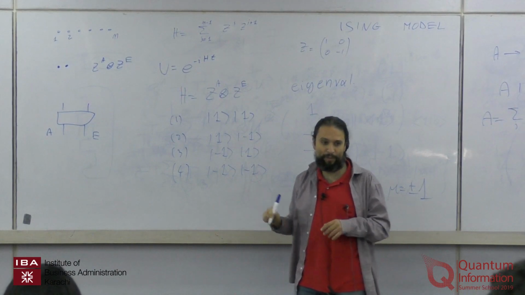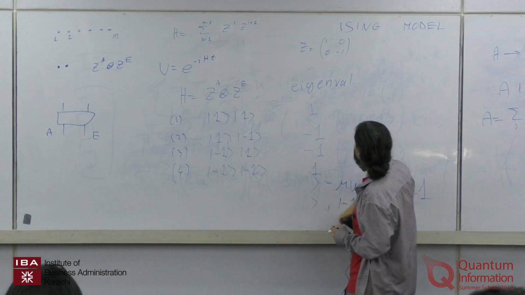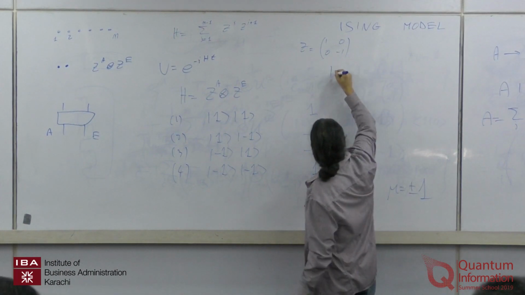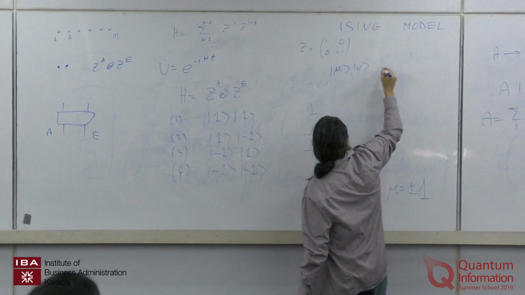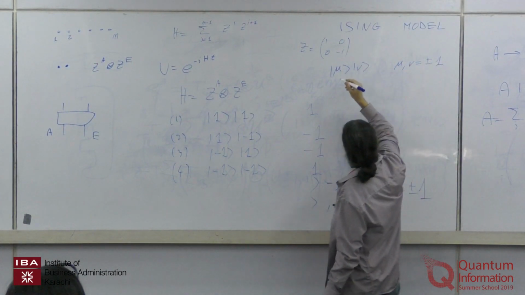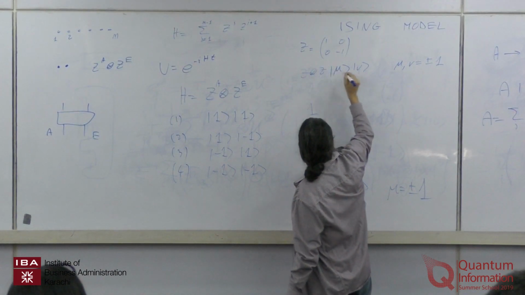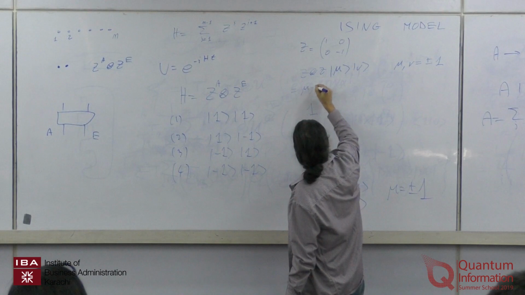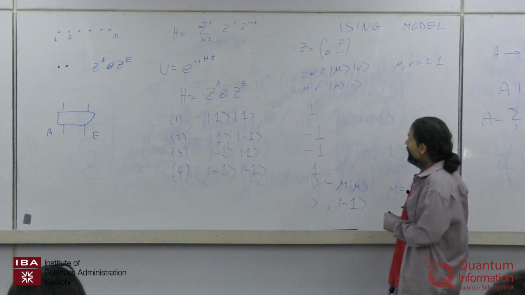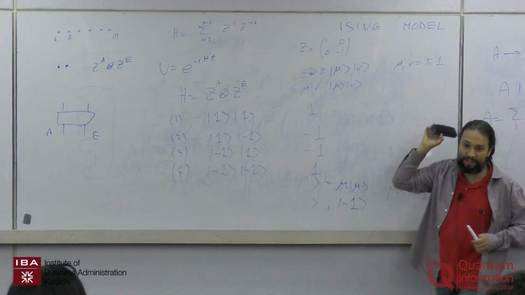Minus 1 times minus 1 is equal to 1. Okay, so we can write this in a slightly more compact form as mu nu, and then mu and nu can be plus or minus 1. And we know that Z times Z applied on mu nu will give us mu times nu, mu nu. All right. Okay, everybody happy with this step?